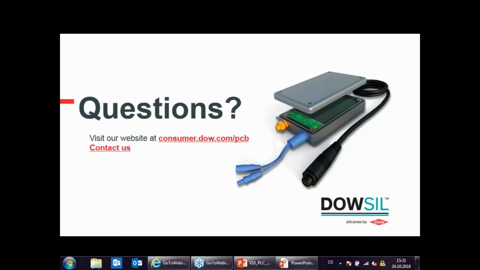Okay, so let's pick up the next question. Are there other important variables other than hardness for conformal coating? This question can start, I would say, a big debate depending on the requirements needed for the application.